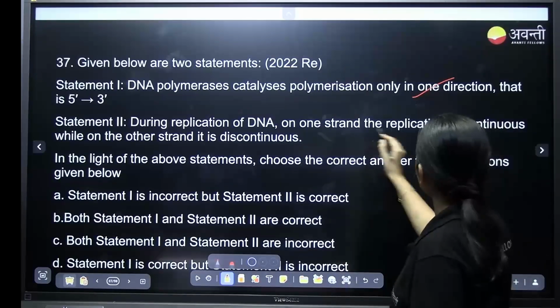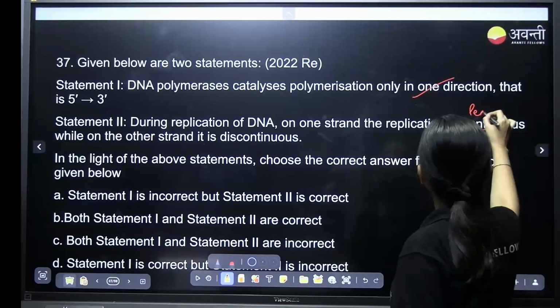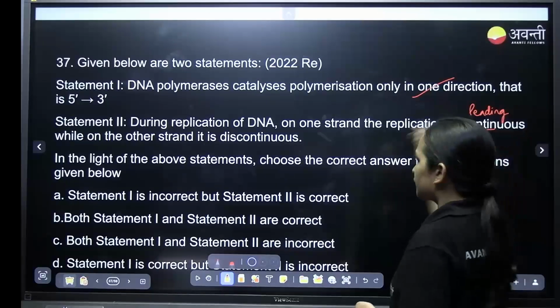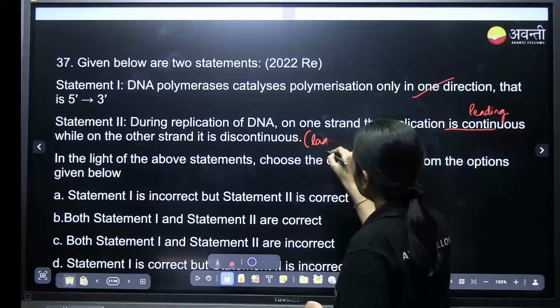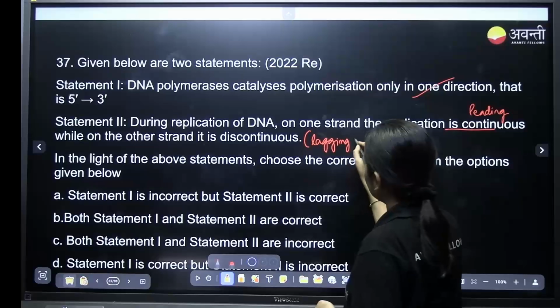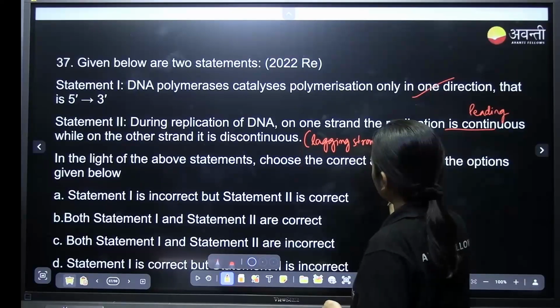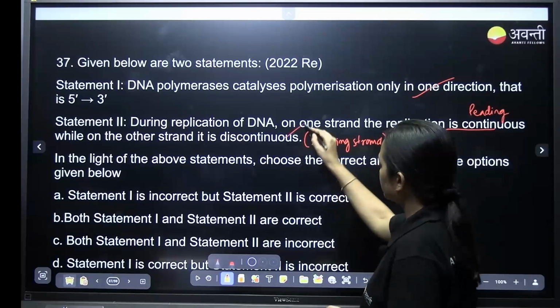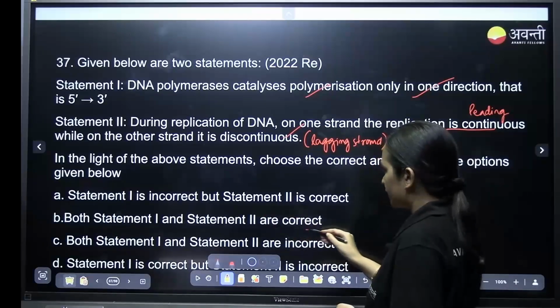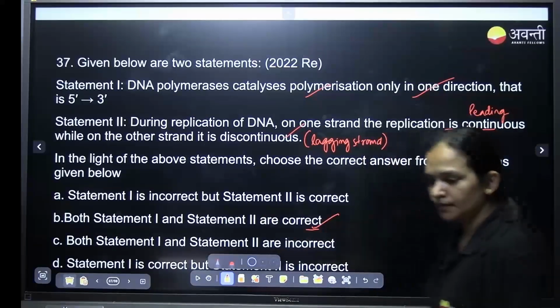Yes, the strand in which it is continuous is the leading strand, and the one in which it is discontinuous is the lagging strand. Isn't it, both statements are true? Both 1 and 2 are correct. Yes.